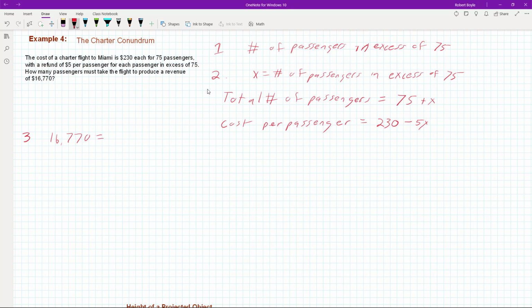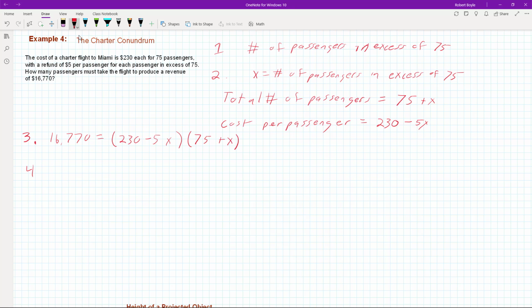Well, it's equal to the cost per passenger, which is going to be 230 minus 5x, times the number of passengers, which is 75 plus x. This is how you set up that particular problem. Once you figure this out, and this actually is the hardest part of this problem, I actually had to iterate on it a couple times before I figured it out. But once you set it up, you are pretty much off to the races.